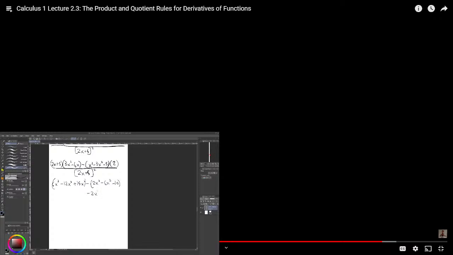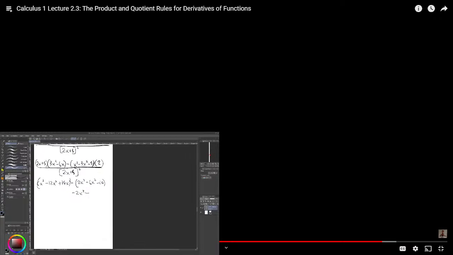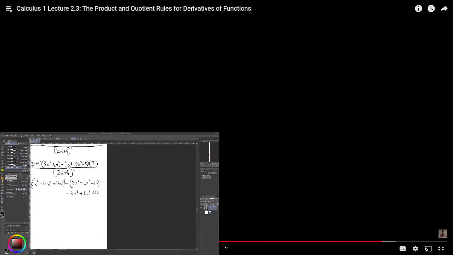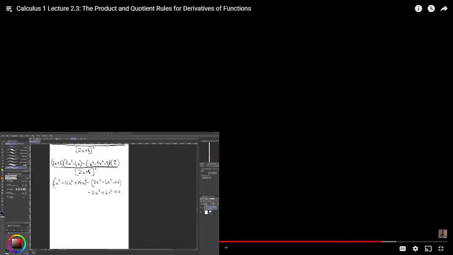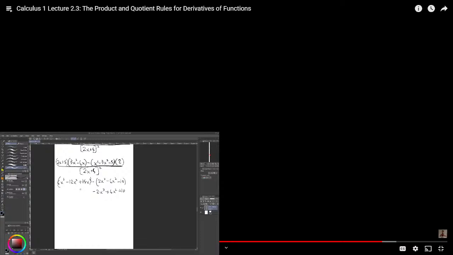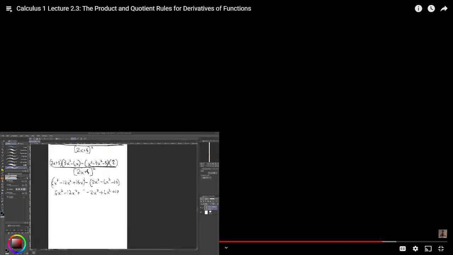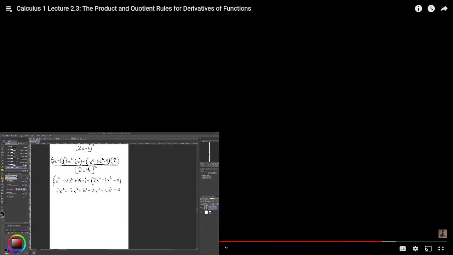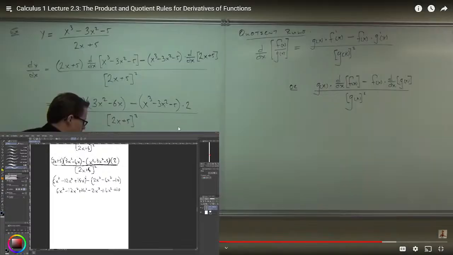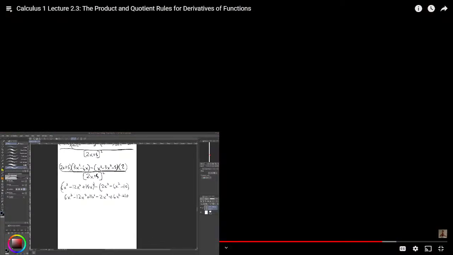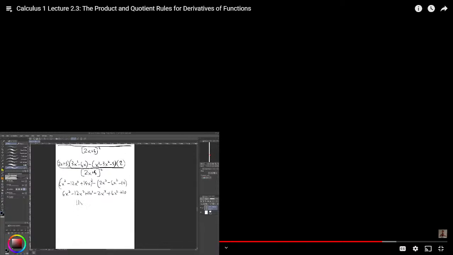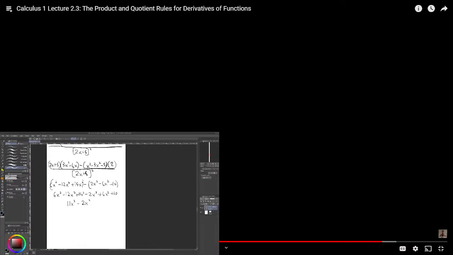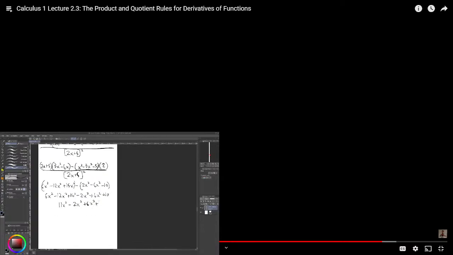Minus 2x cubed plus 6x squared plus 10. 6x squared minus 12x squared plus 15x squared. These really are all squared. So negative 6x squared, 11x squared, minus 2x cubed plus 6x squared plus 10.